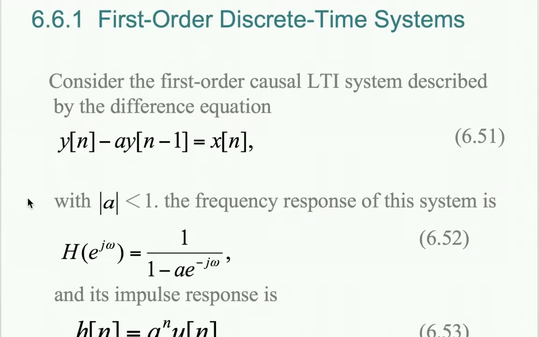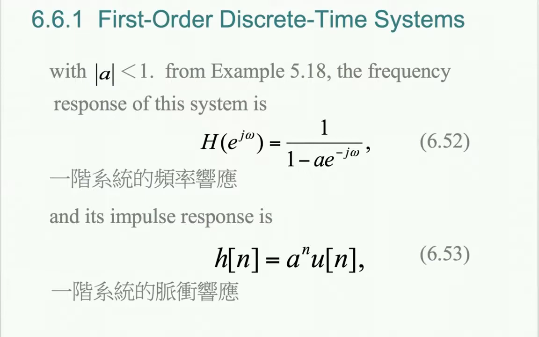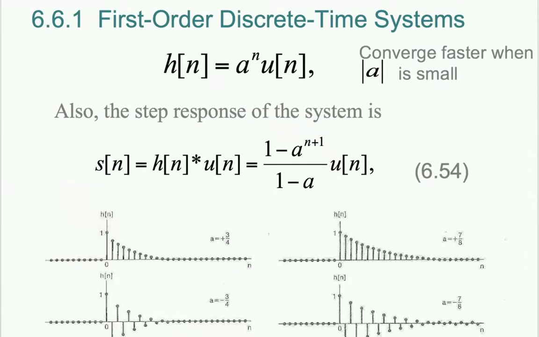Alright, then given the impulse response, we could now start plotting the time domain property of the system. For example, we can plot the impulse response for different values of a.